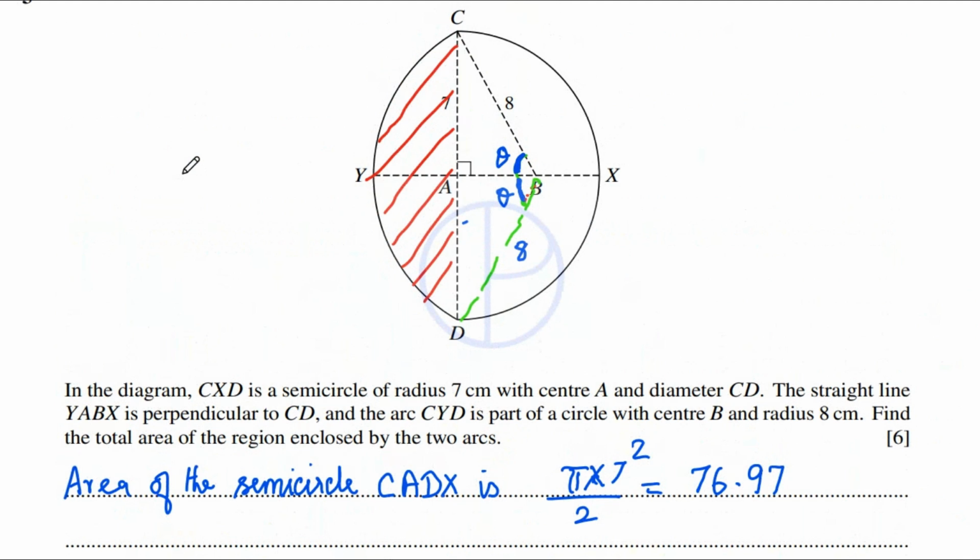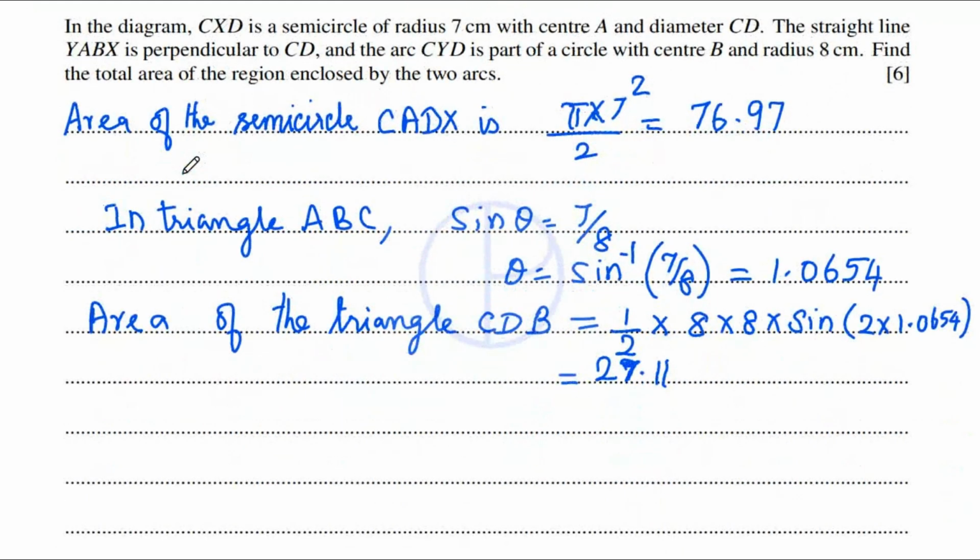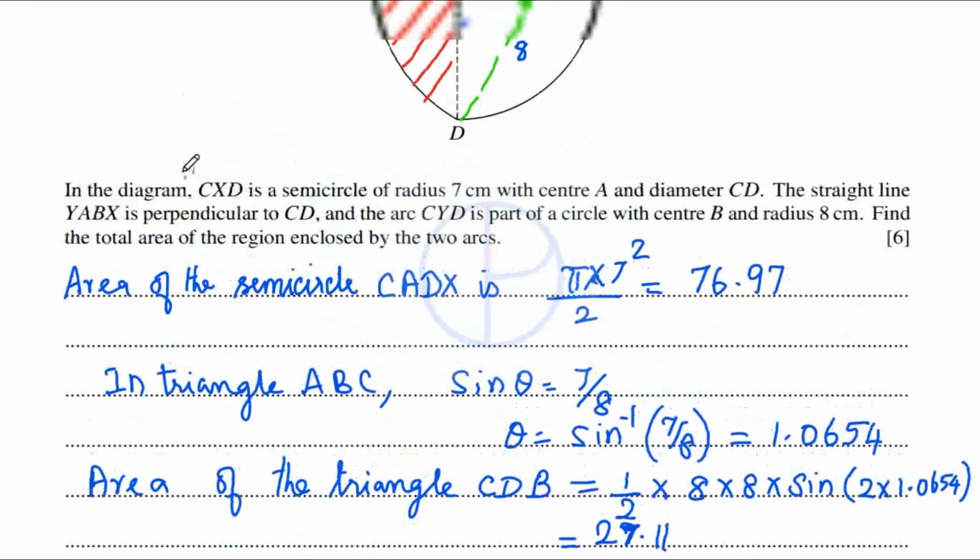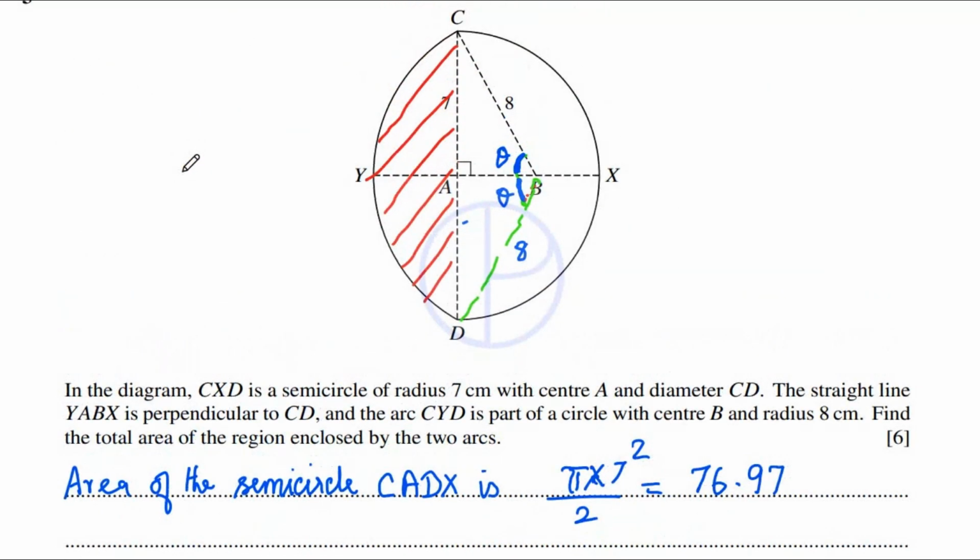Now next we have to find the area of the sector CYDB. Area of the sector, now the radius is 8, half of r square theta is the formula. Theta is nothing but the angle at B. So the area of the sector is half of r square theta.